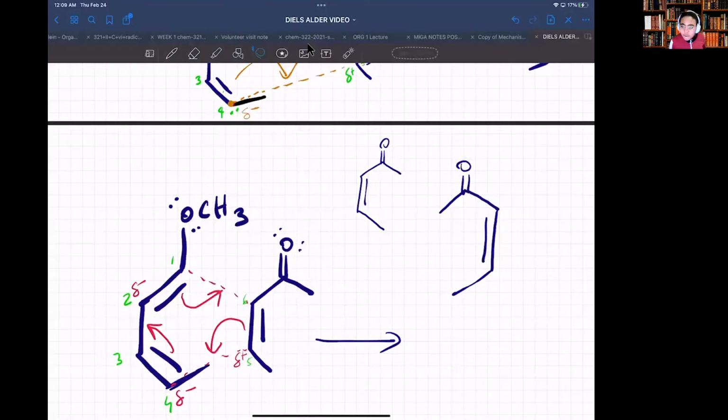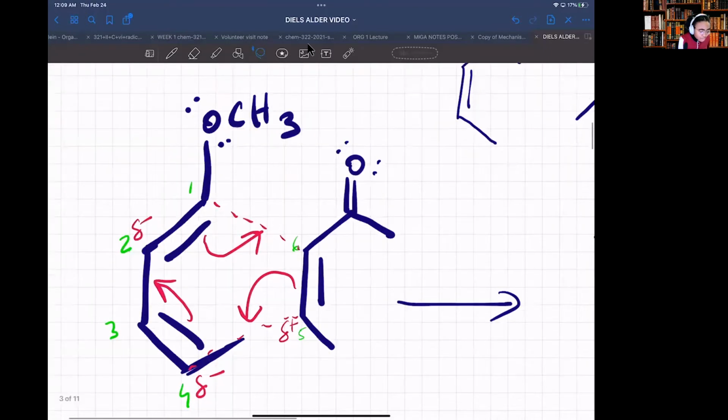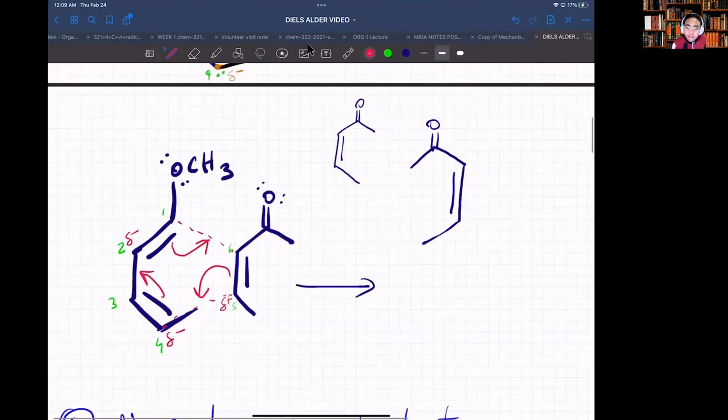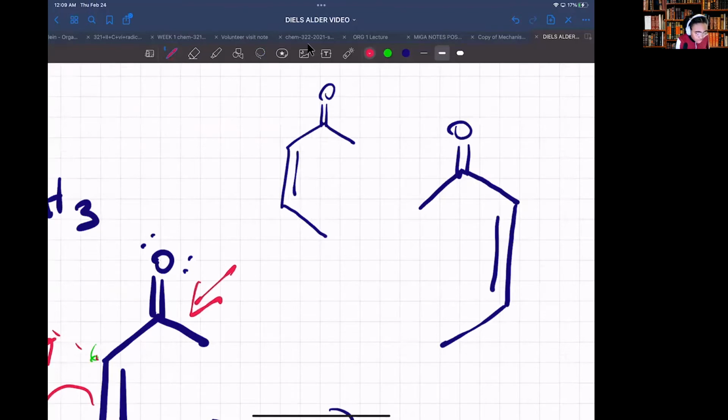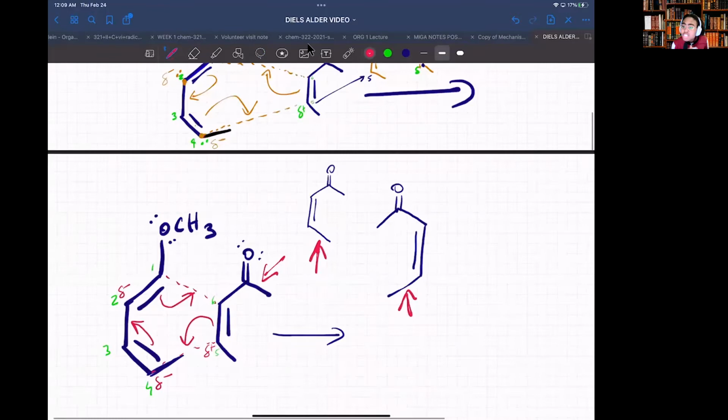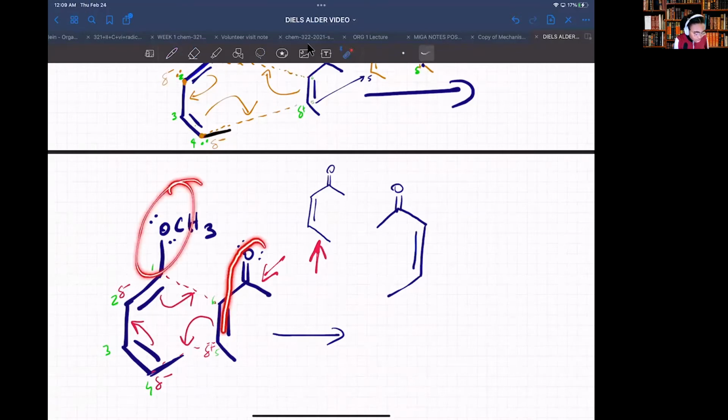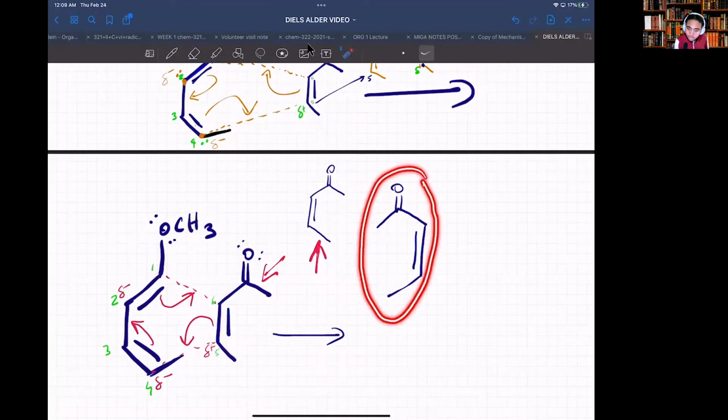Okay, so we're back to our board here. Based on what the teacher gave, it's easy to think that that's how it's going to click. But according to the endo rule and what I was showing you, our molecule here can either be in this conformation or in that one. But to respect the endo rule and make sure that the OCH3 and the outside group of the dienophile will be on the same side, I have to pick this version.